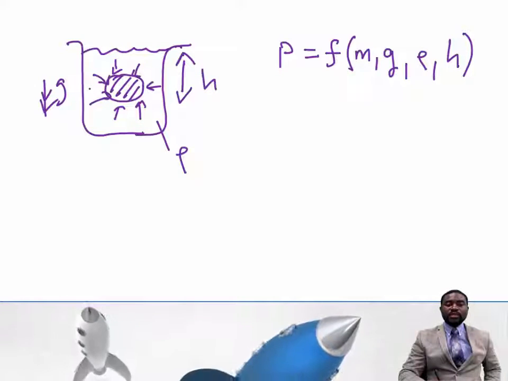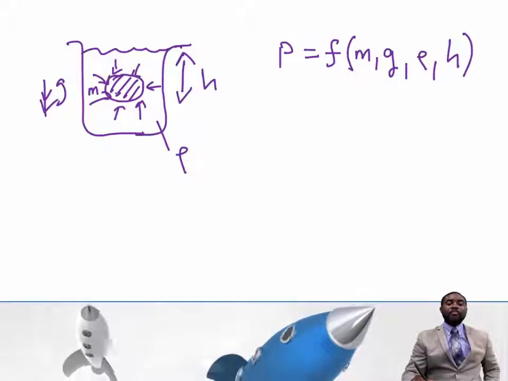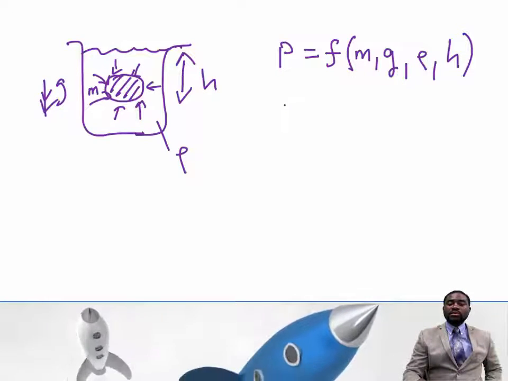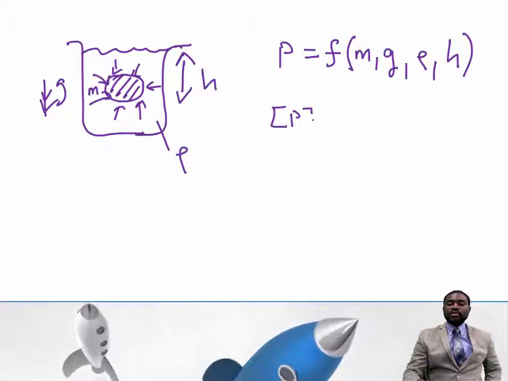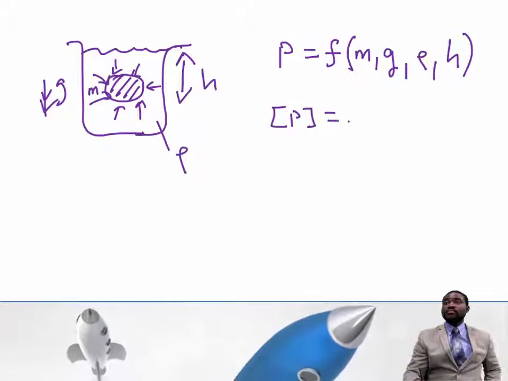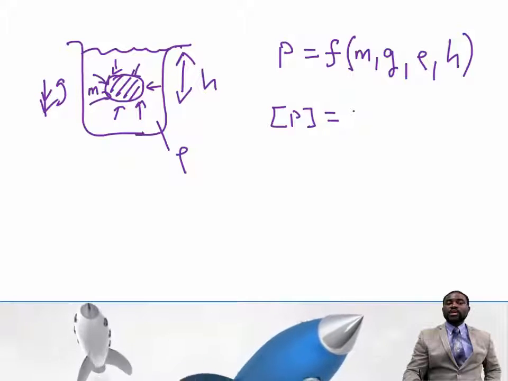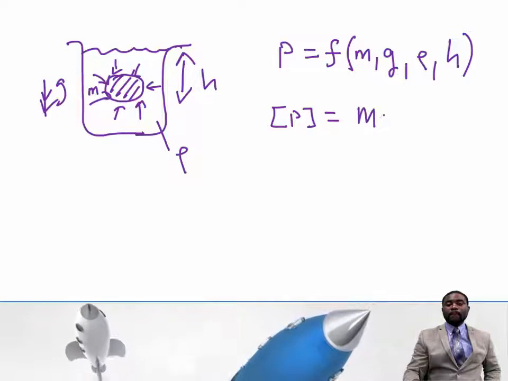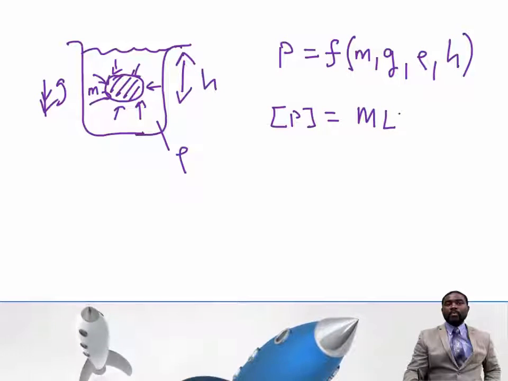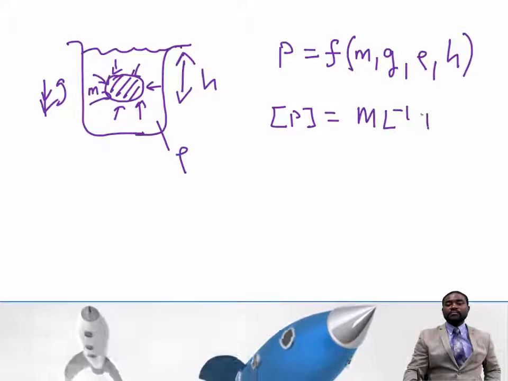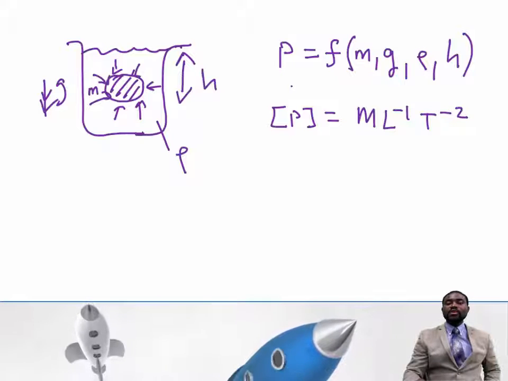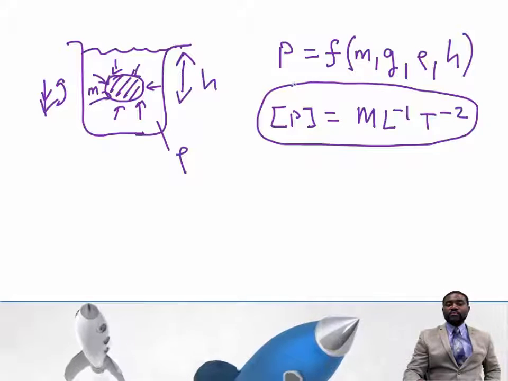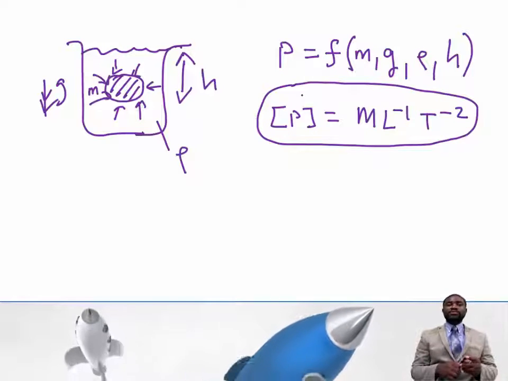Because the object is of mass M. You can still remember the dimensions of pressure, right? Force over area. Yeah, what was it again? MLT^-2 over L squared, which is ML^-1T^-2. So those are the dimensions of pressure. Everybody get to work, please. Work in your groups.